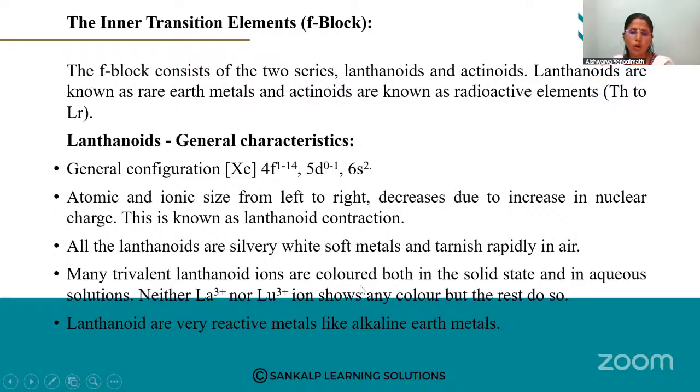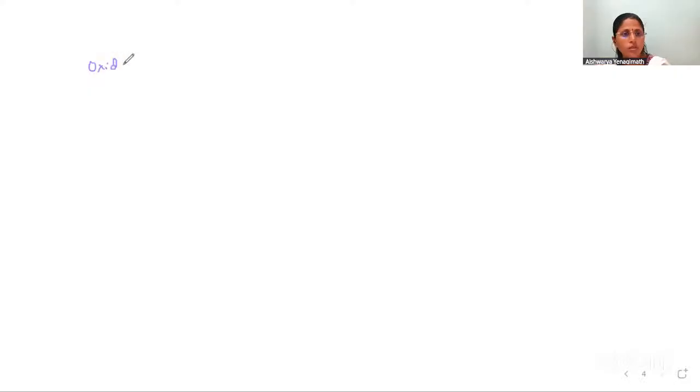To understand this, let us first try to understand something related to oxidation states. What oxidation states are shown by lanthanides? Let me take the next slide. Here we are going to talk about oxidation states. The most common oxidation state shown by lanthanides is +3.